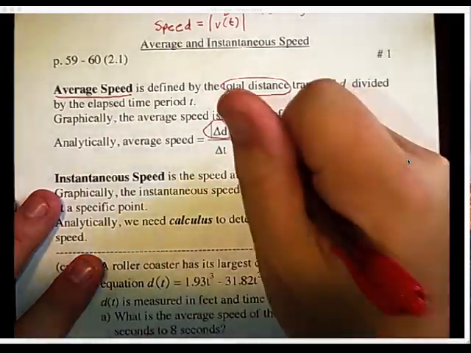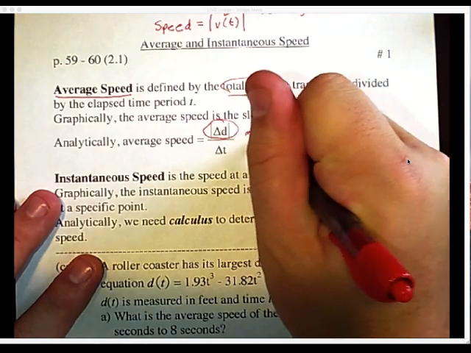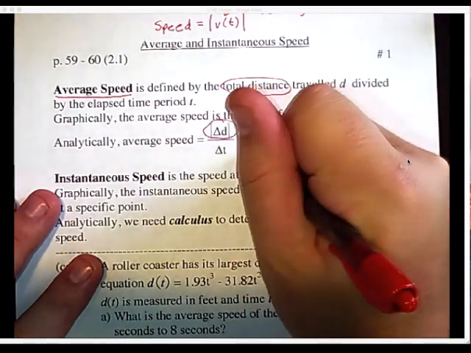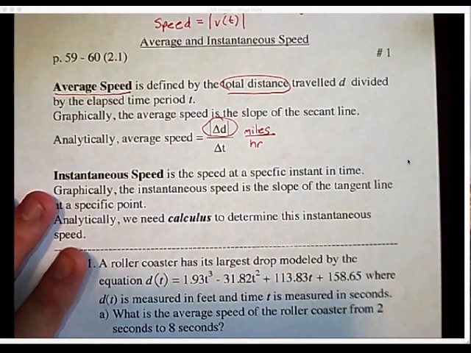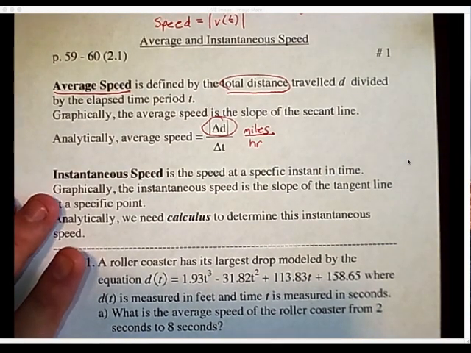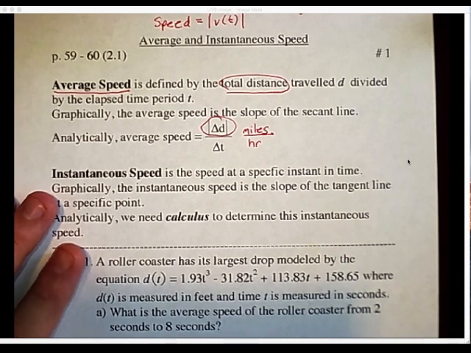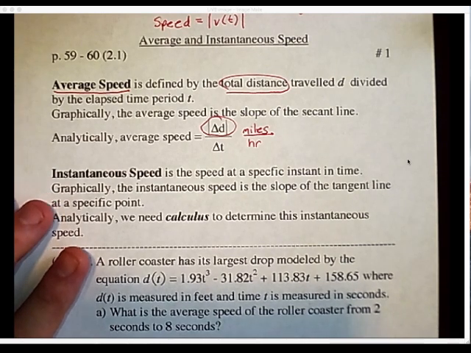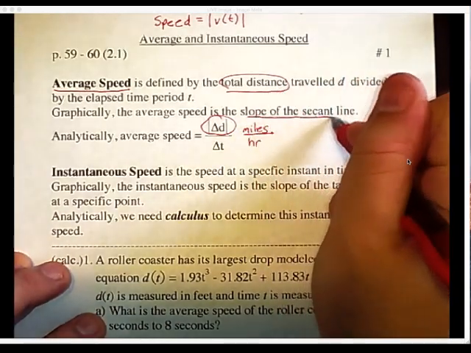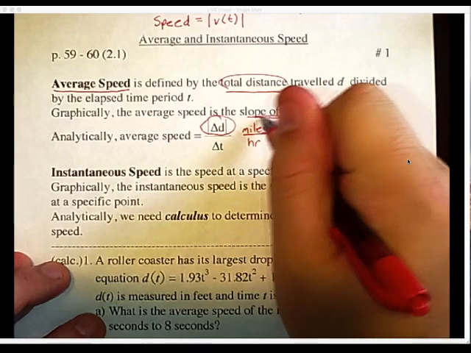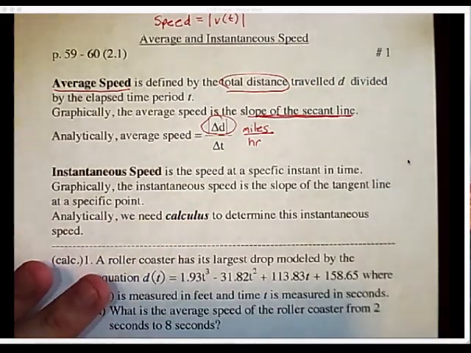So if distance is in miles and time is in hours, our average speed would be measured in miles per hour. And on a graph, it's the slope of the secant line of the position function.